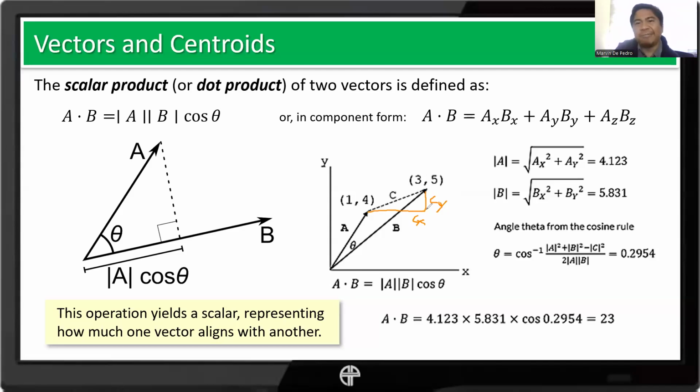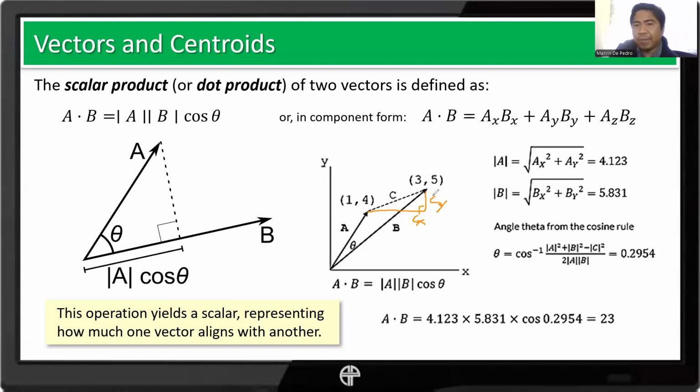Basically, this is a right triangle. That's why we can solve for the magnitude C using the Pythagorean theorem also. So again, CX is the square root of 10.